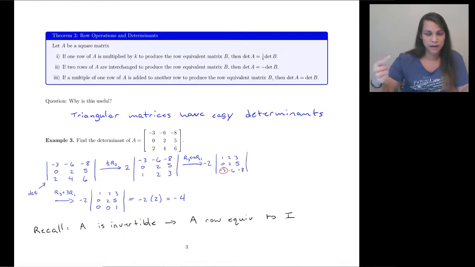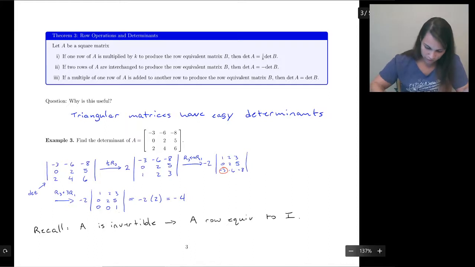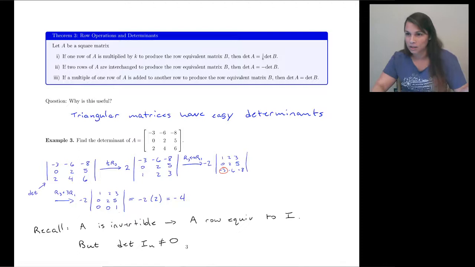So running back to determinants, the determinant of the identity matrix is not going to be 0 ever, because it's just going to be 1 times 1 times 1 across the diagonal.